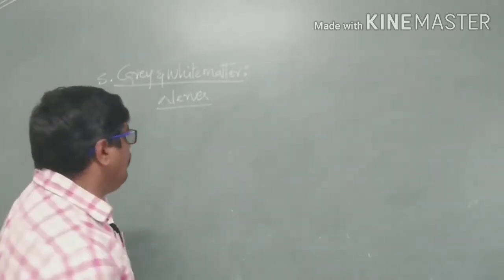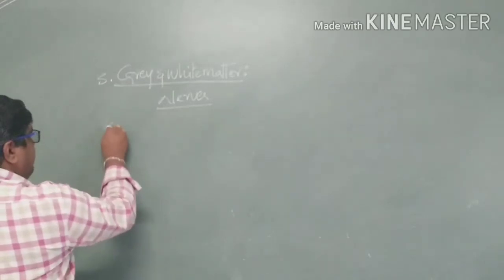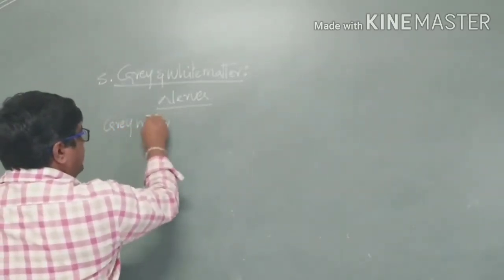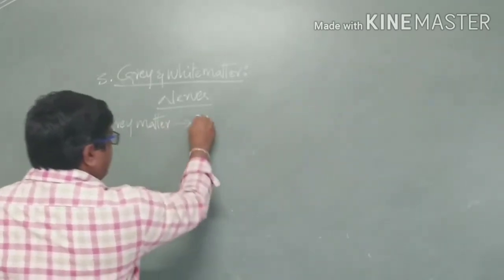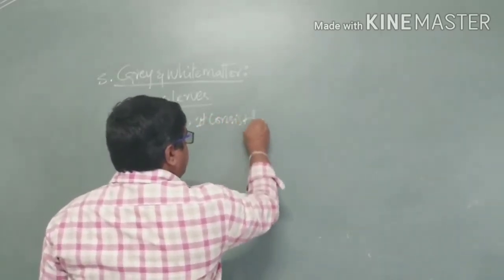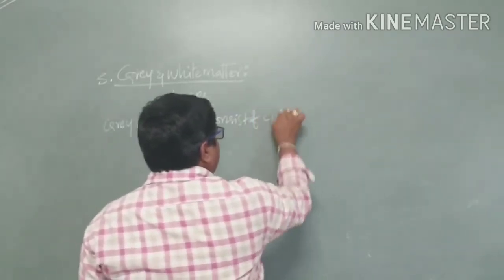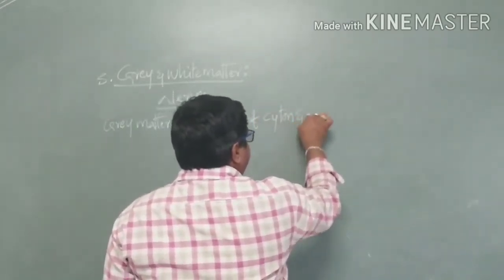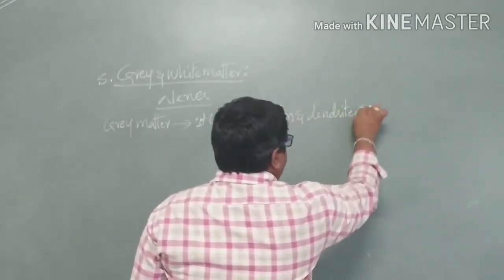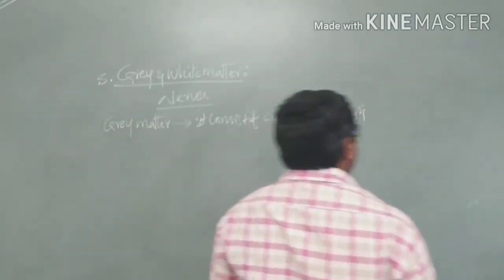Why do we call it grey matter? Grey matter consists of the cyton, dendrites and unmyelinated axons.